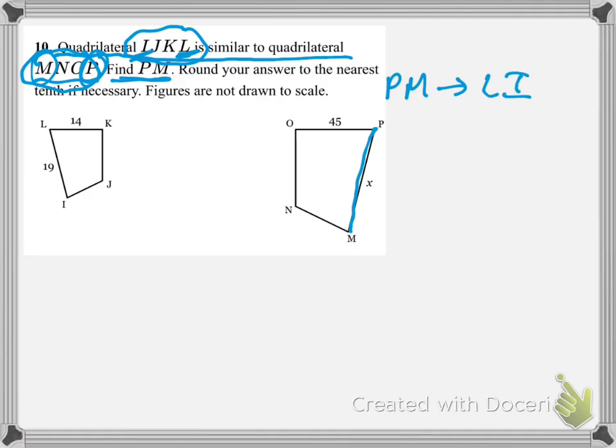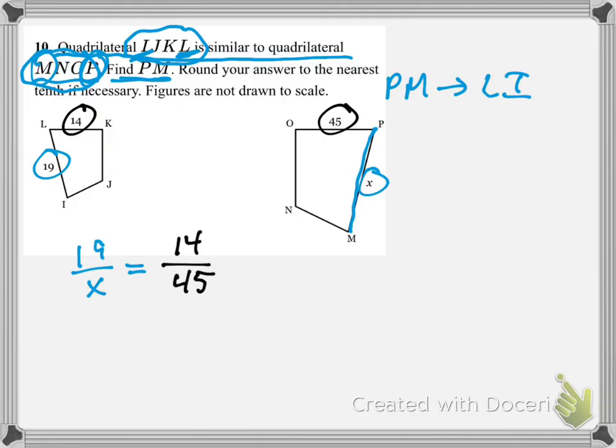So LI is 19. So 19 and X correspond. So 19 over X. All right. And then I've got 14 and 45. So 14 over 45. Cross multiply. So I've got 19 times 45 equals 14x.